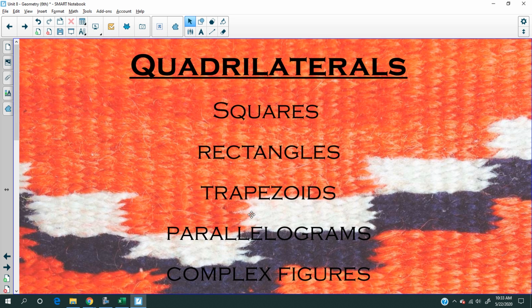Trapezoids, that's tomorrow. Parallelograms, that's the day after tomorrow. And then I think we're gonna have a quiz, and then the week after we're gonna do complex figures. If possible, I actually want to shorten this into a week, but that's gonna be pretty tough. But I'll try my best.